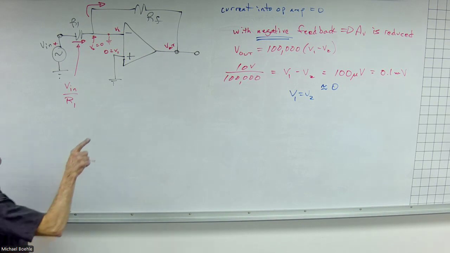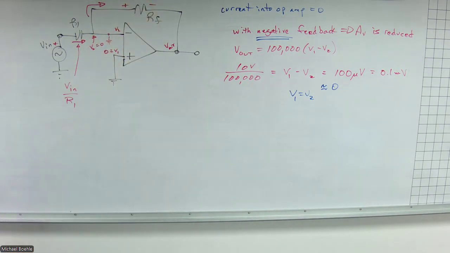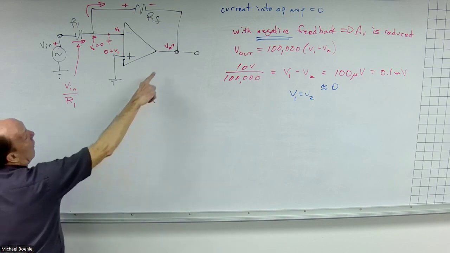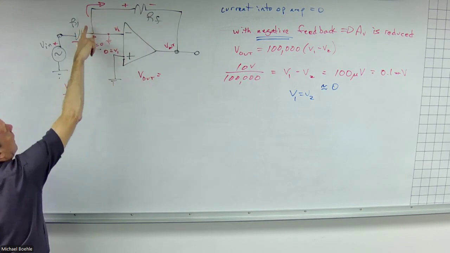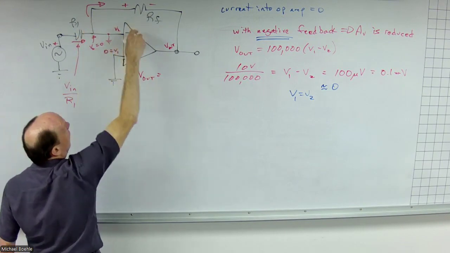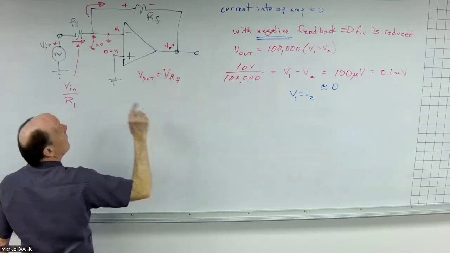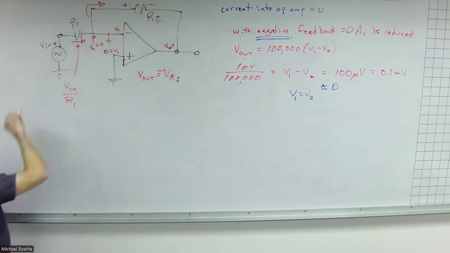Note the direction of the current. It creates this voltage drop. Now, the output voltage here, with respect to ground, oh look, there's a ground, is simply the voltage across the feedback resistor. Technically negative, right? Because it's negative with respect to ground.